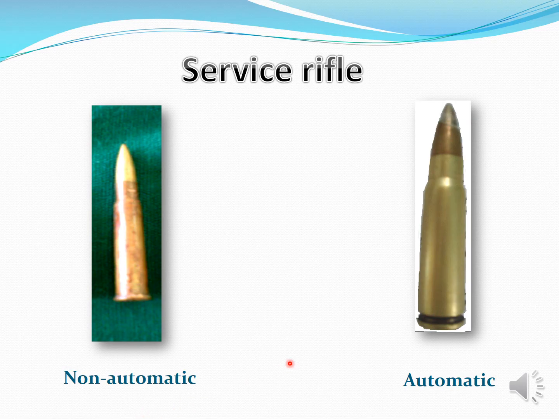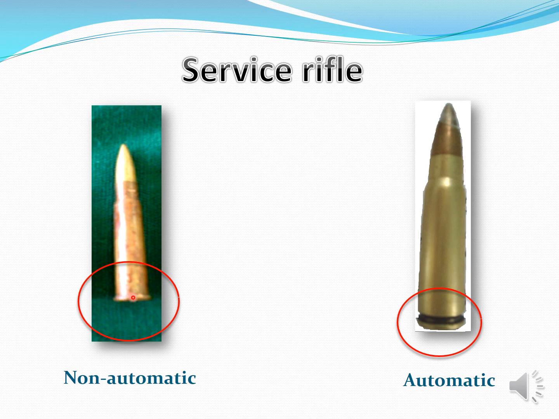How to differentiate between the automatic and the non-automatic type? By the presence of rim or groove. Presence of groove means a depression inside the body. It is called a groove. Groove means it is an automatic surface rifle like this.